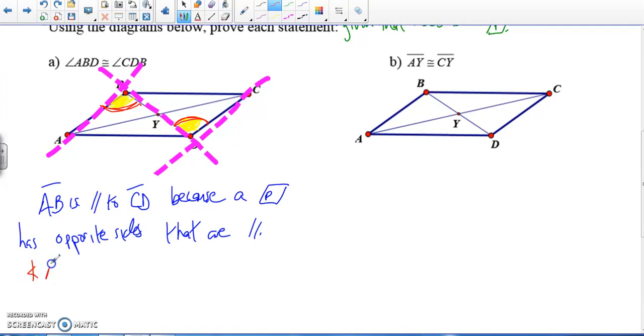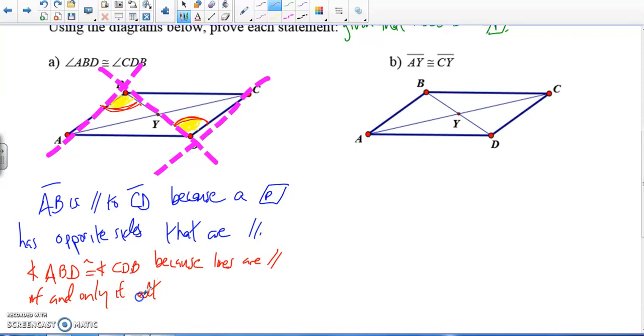So we can finish this off by saying angle ABD is congruent to angle CDB because lines are parallel if and only if alternate interior angles are congruent.